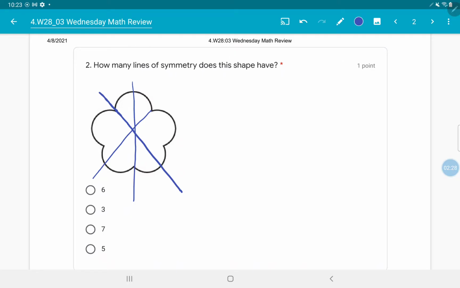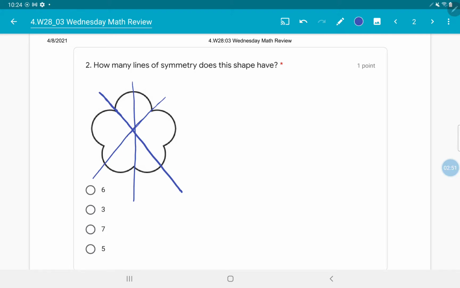Okay. Do you see any more, Scotty? Keith, do you see more? We found 3. There's 2 more lines of symmetry.